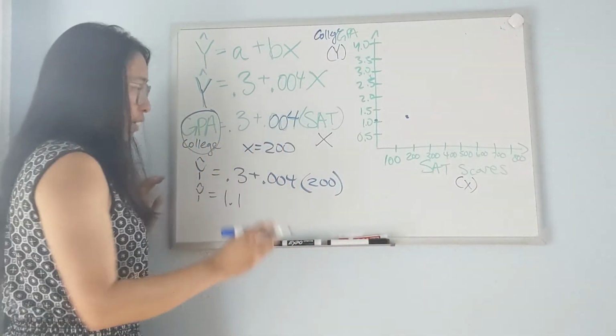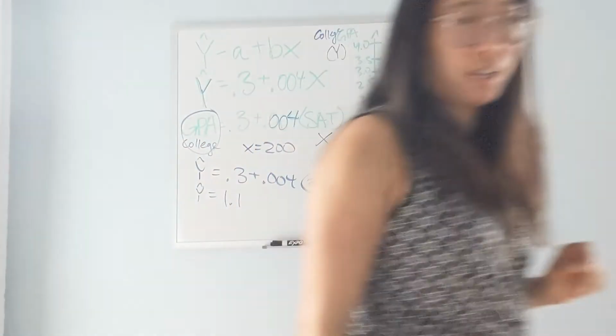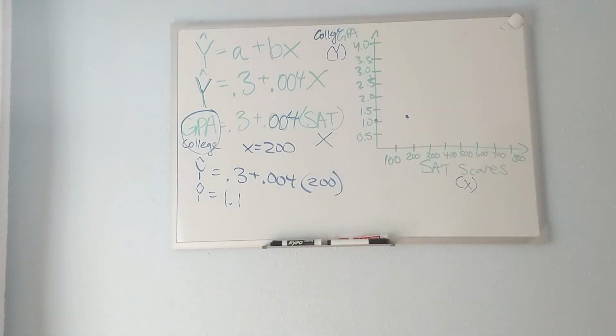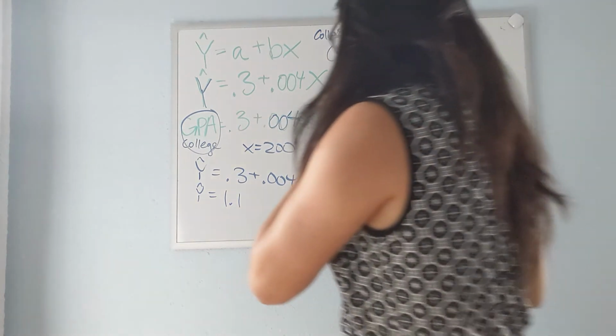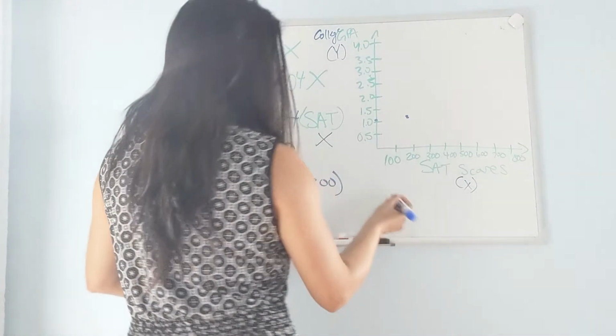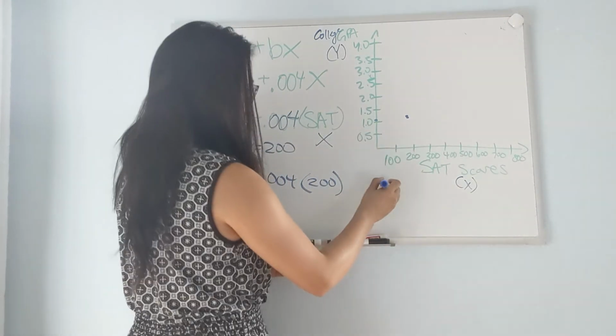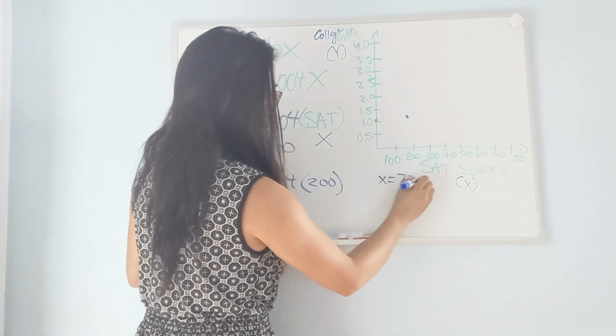Then we have to think of a high SAT score to get a good line. So let's just try 700. I'm going to do it over here because I ran out of room. So x is 700.